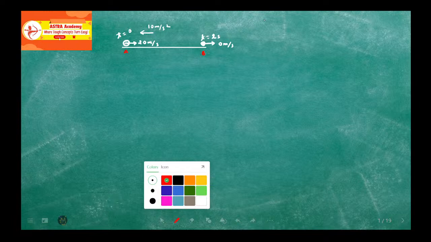If we take the arithmetic mean of 20 and 0, it will result in 10 meter per second.